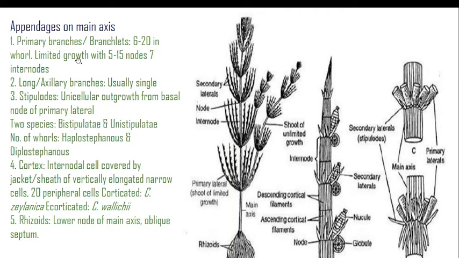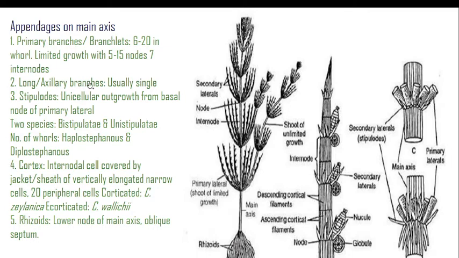Then one by one we learn which type of body parts or appendages are present on the main axis. First of all, primary branches or branchlets, which are 6 to 20 in whorls, with limited growth, having 5 to 15 nodes and 7 internodes. So here are the 5 to 15 nodal portions and 7 internodes on a single primary branch.